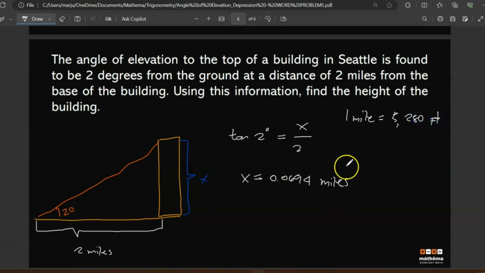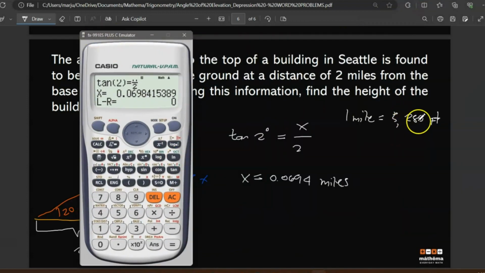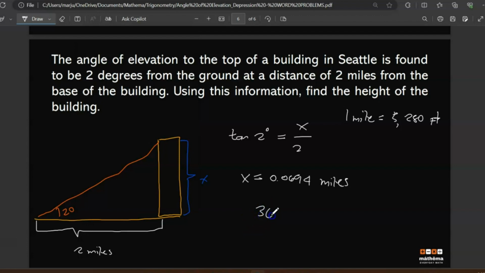So to convert this into feet, all we have to do is multiply by 5,280. So answer times 5,280, that will give us 368.76 feet. So this is now the height of the building.